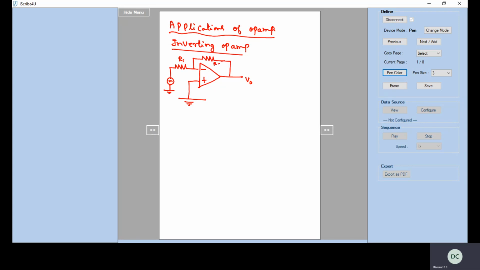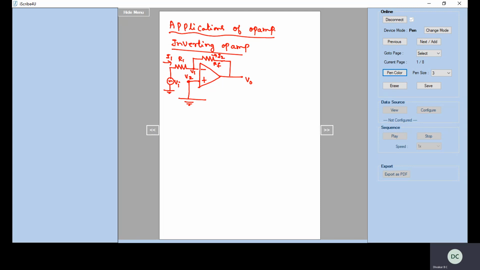So this is the feedback resistance RF, and due to the concept of the virtual ground, let us represent the potentials at the inverting and non-inverting terminals as V1 and V2. Due to the concept of the virtual ground, the potential at the inverting terminal will be the potential at the non-inverting terminal. This is I1, this is I2.